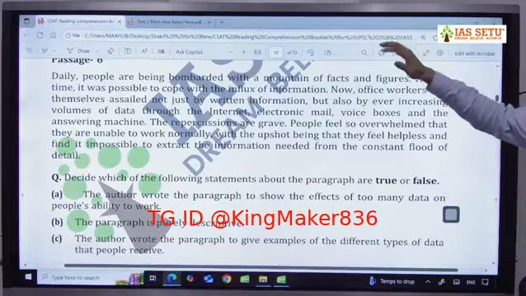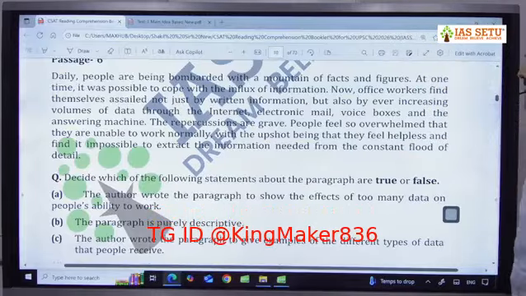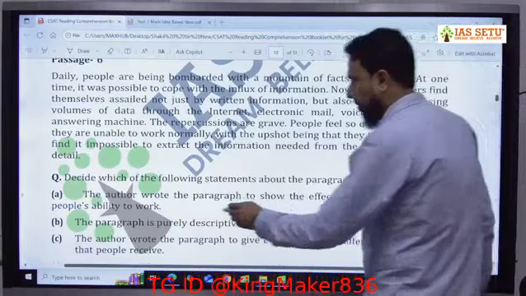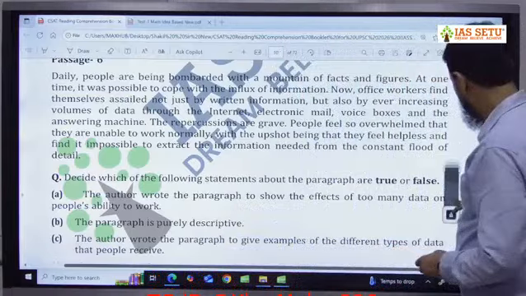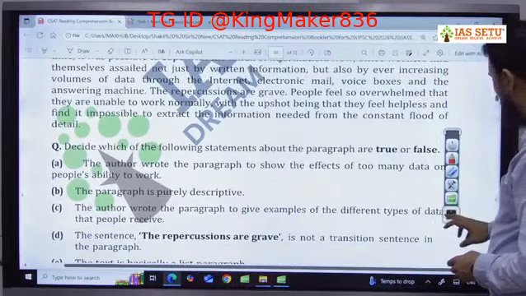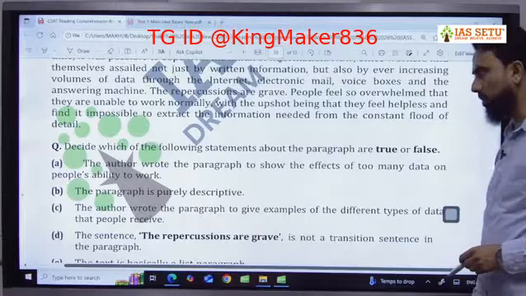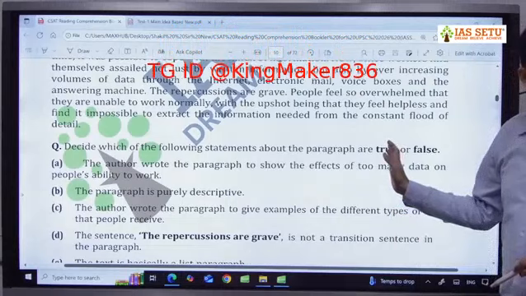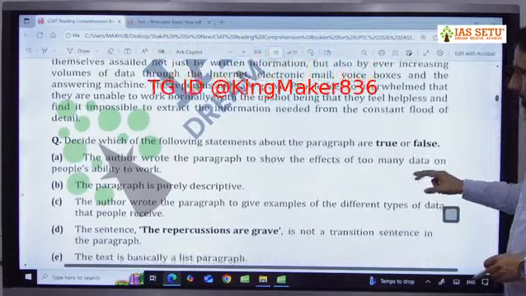So we discuss now. A says the author wrote the para to show the effects of too much data on people's ability to work. Absolutely correct. That effect is given there. So A is true.